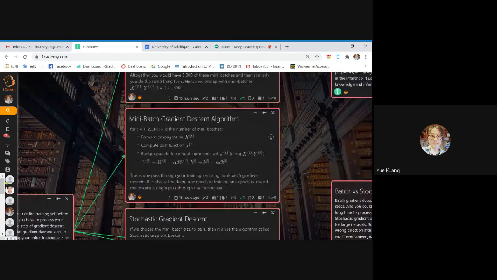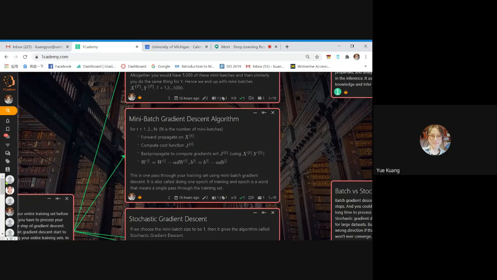And for the algorithm, for t equal to 1 to n, where n is the number of mini batches, namely for each mini batch X^{t}, Y^{t}, firstly, you perform forward propagation on X^{t}, and then you compute the cost function J^{t}, and then back propagate to compute gradients of J^{t} using X^{t} and Y^{t}.